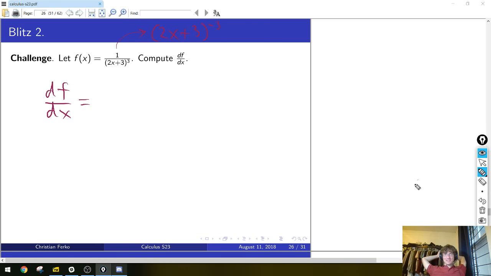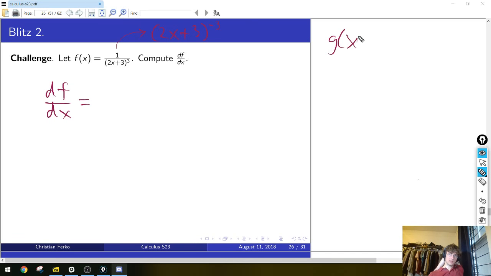I don't know. So we have proved previously that the differential of something of the form mx plus b is, I believe, just m. So therefore, g of x equals 2x plus 3, and g prime of x equals 2.